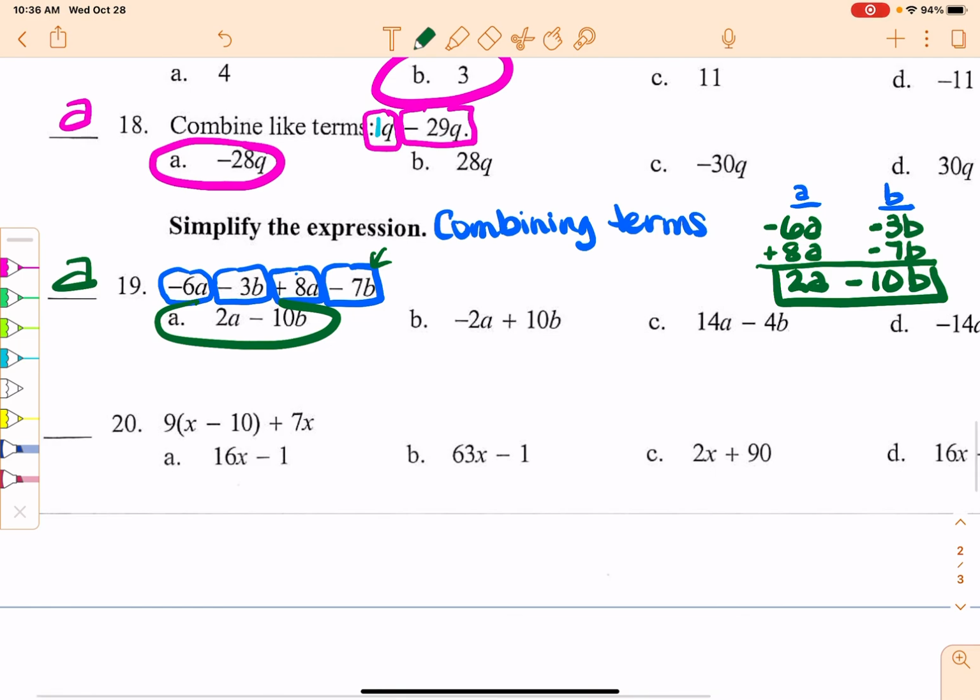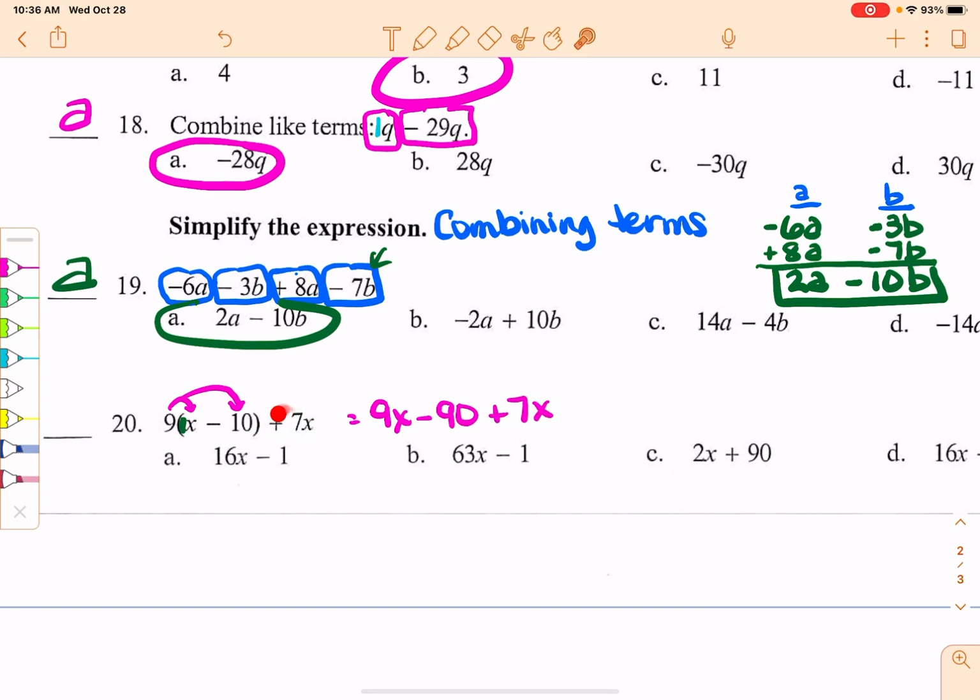Okay, on our last one, there's a couple things. I have 9(x minus 10) plus 7x. I can add a 1 there. I have to distribute to these two only. So 9 times 1x is 9x. 9 times negative 10 is negative 90 plus 7x. Just bringing that over.